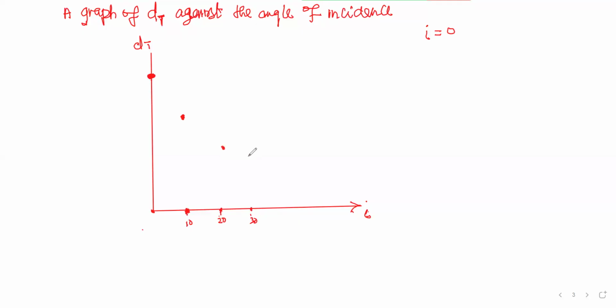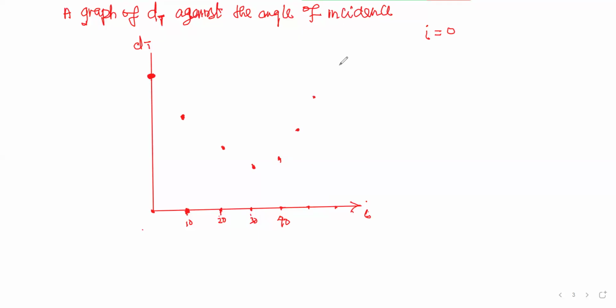It will decrease to a certain point. Then as I increases, we'll have an increasing value of the total deviation. So assuming this is 40, it will begin to increase. 50, it will also begin to increase. 60, it will begin to increase.